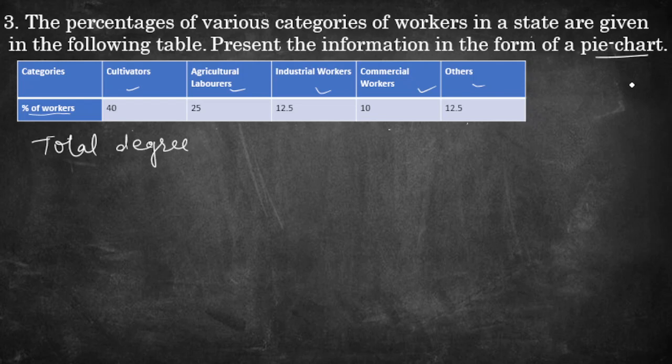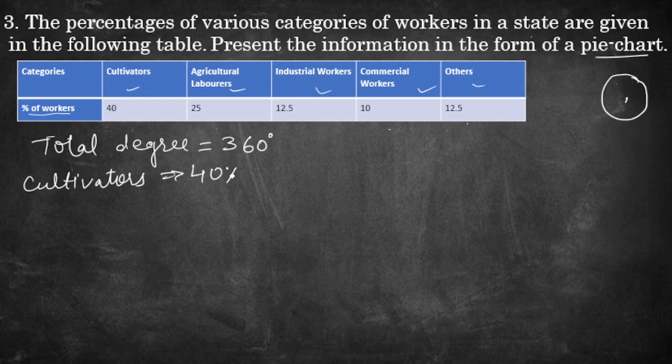So in a circle, what is the total degree? Complete angle 360 degree. Okay, total degree 360 degree. Now for cultivators, 40% of 360 degree.